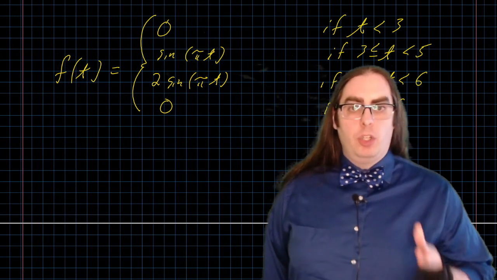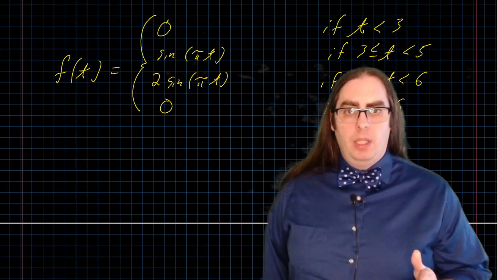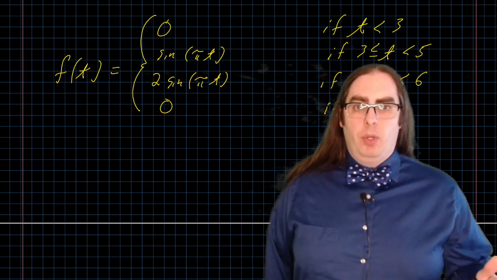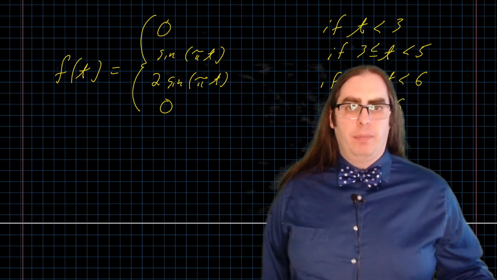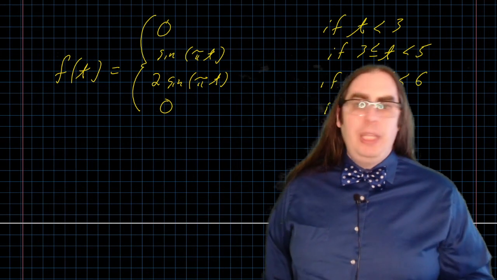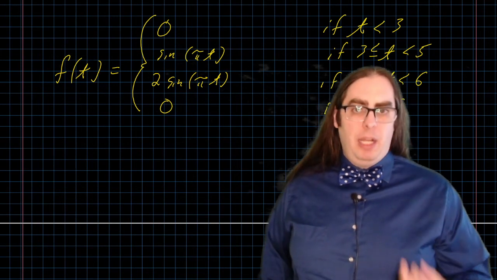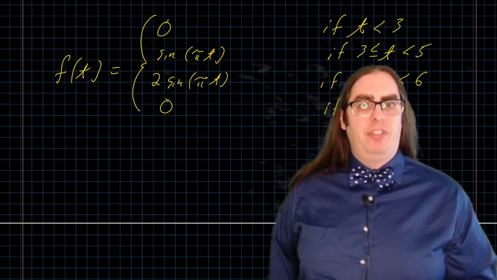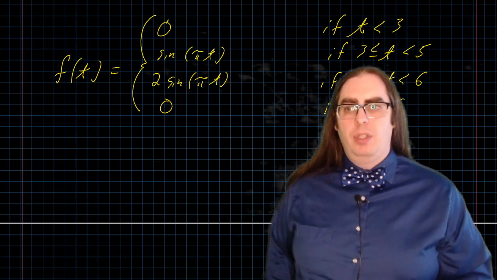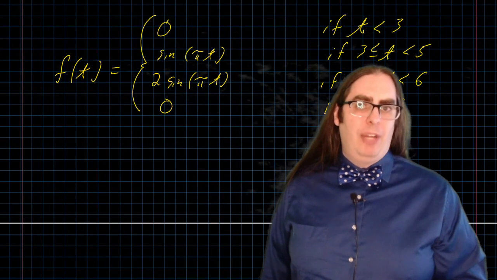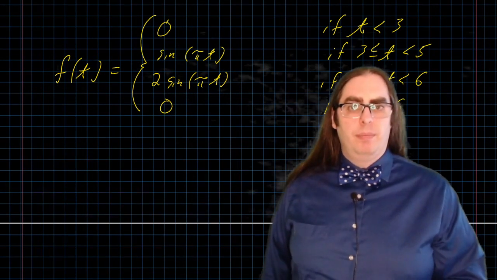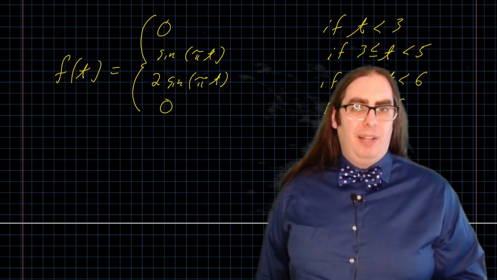So we have to turn the motor on, we have to add more to the motor, and then we have to take away the power of the motor. But we can write this as the sum of a couple of Heaviside functions. I want you to take a couple of minutes and see if you can reason out how that's going to work. And I'll see you in the next video.